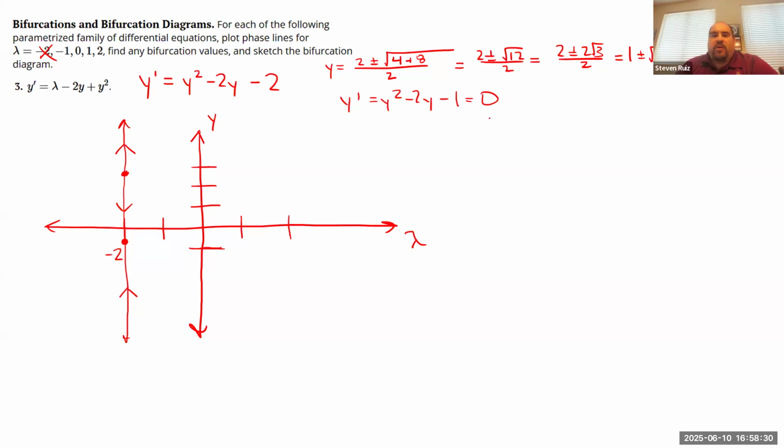No. So quadratic formula again. y equals negative b, so 2, plus or minus the square root of b squared, 4, minus 4 times 1 times negative 1. So 4 plus 4 all over 2. Radical 8 reduces down to 2 radical 2. So now I get 1 plus or minus radical 2 over 2.